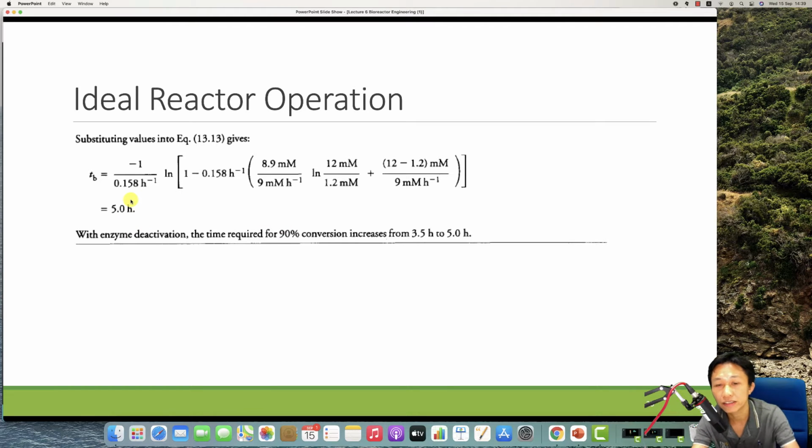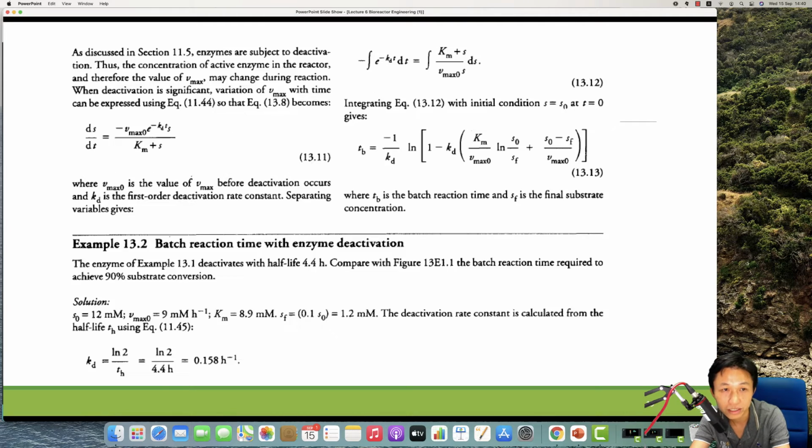So that means if you lose your enzyme during the process, you might need more time to get the same conversion of your substrate, which is this example.